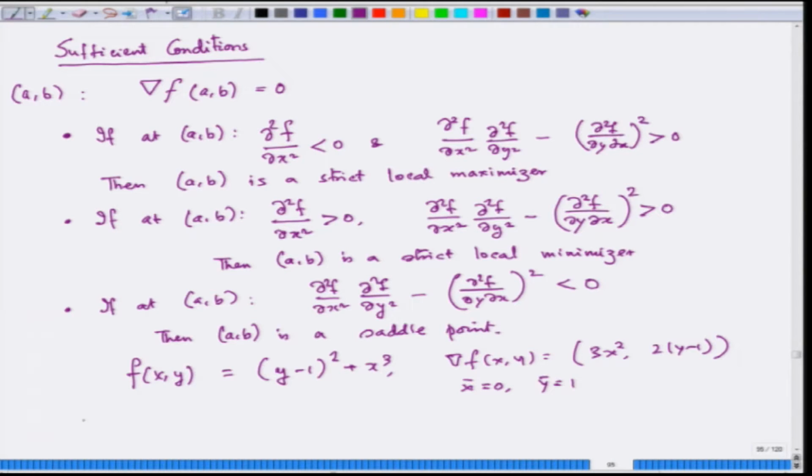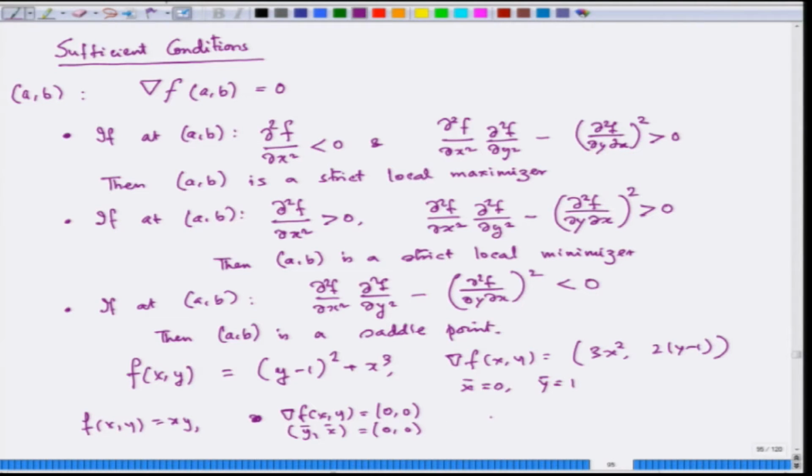But for example, if you take the function f(x, y) = xy, and take grad f(x, y) equal to (0, 0), then you will have x bar, y bar equal to (0, 0).